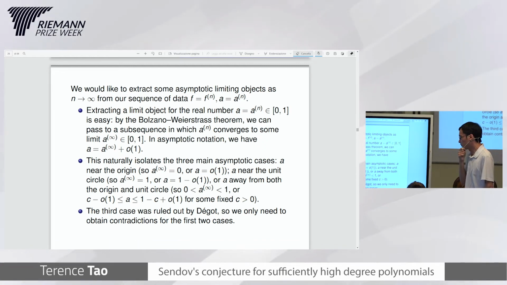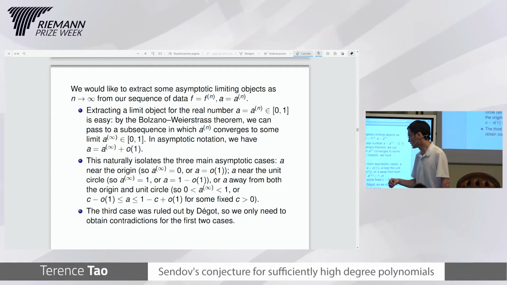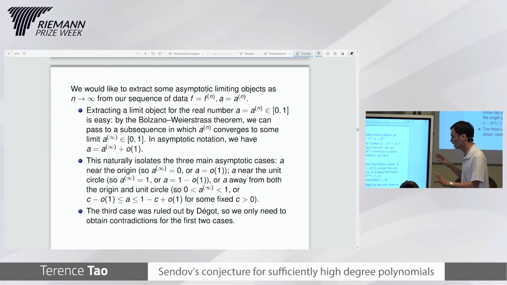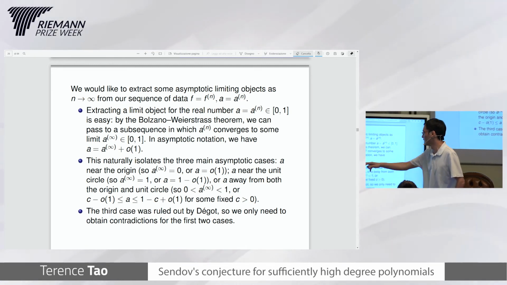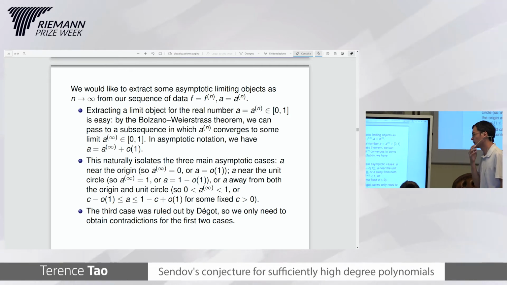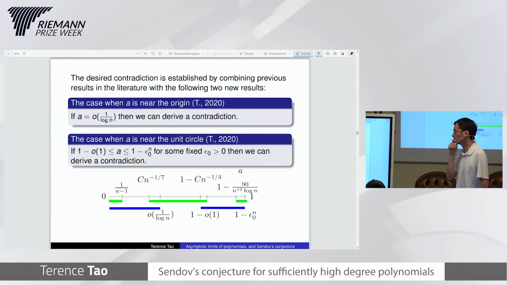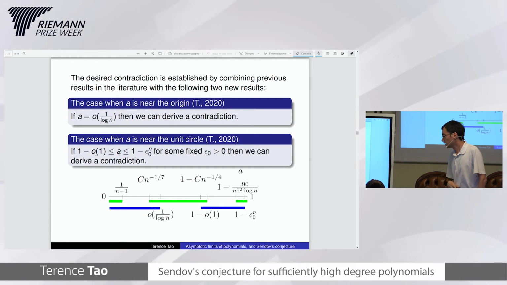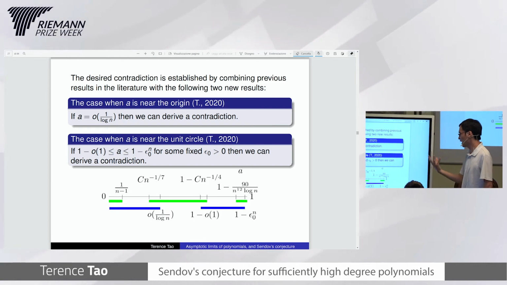For lack of time, I will just discuss the case when a goes to 0. The two separate arguments have some things in common, but I will discuss just one of them to give you a flavor of the arguments. I was able to cover the two gaps, to prove two theorems actually.